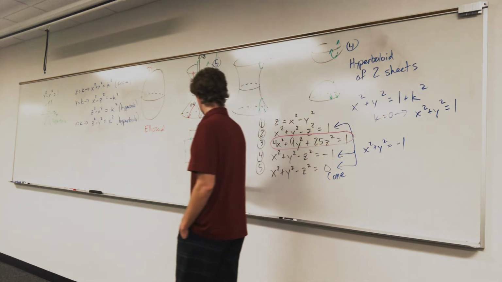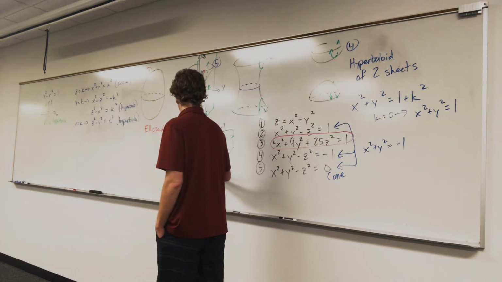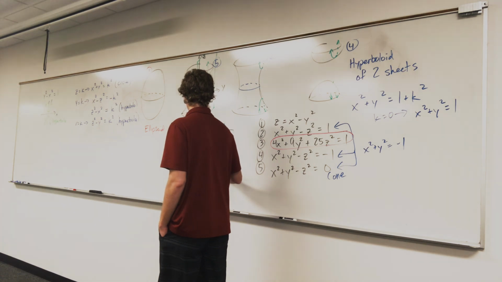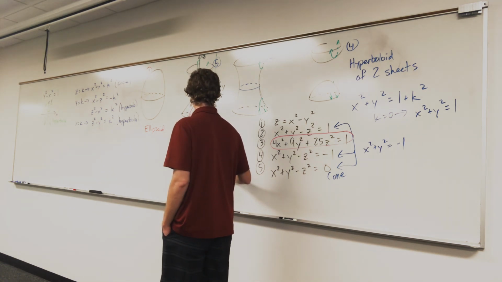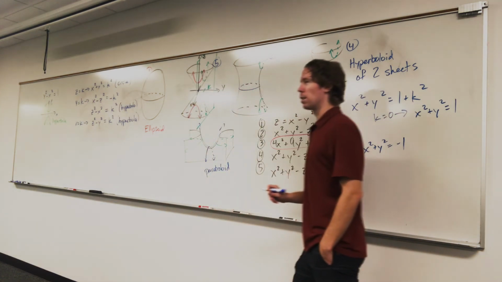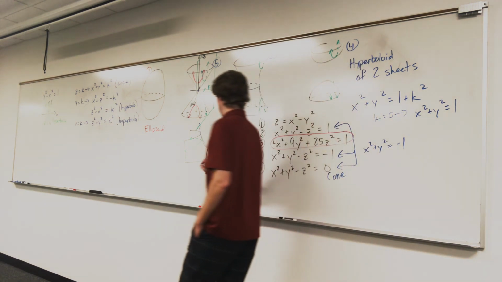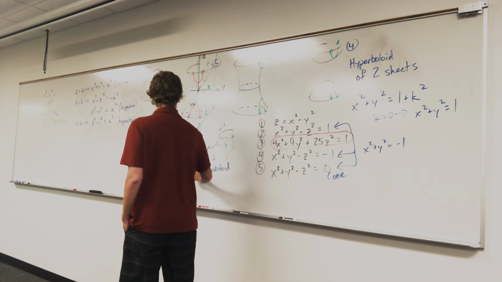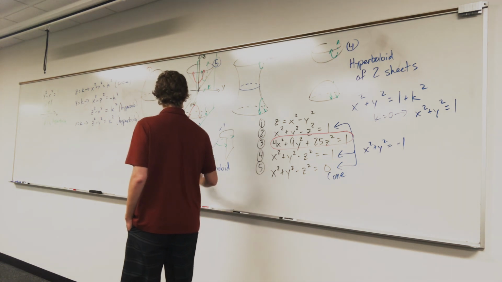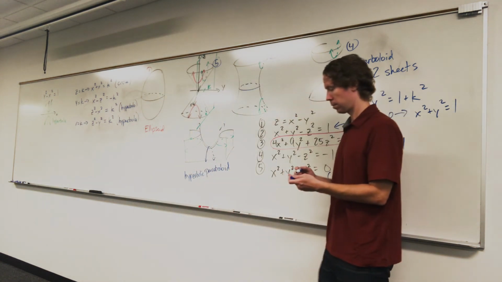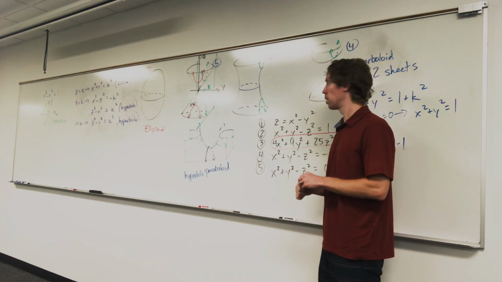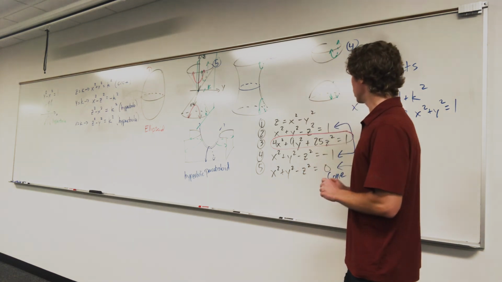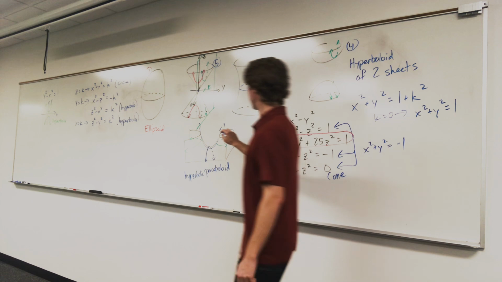So we'll call it a paraboloid. But what kind of paraboloid will we call it? Yeah, hyperbolic. Remember the other one was an elliptic paraboloid? What's the equation for the hyperbolic paraboloid? The equation was number 1. Thank you for asking.